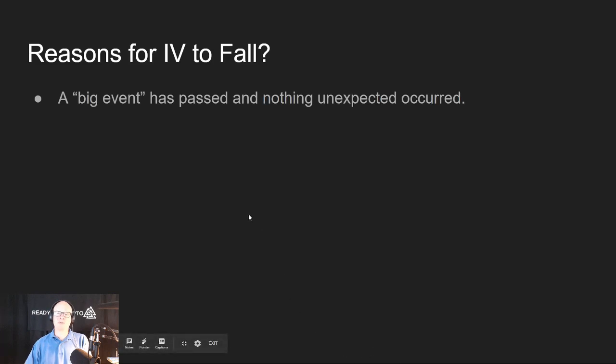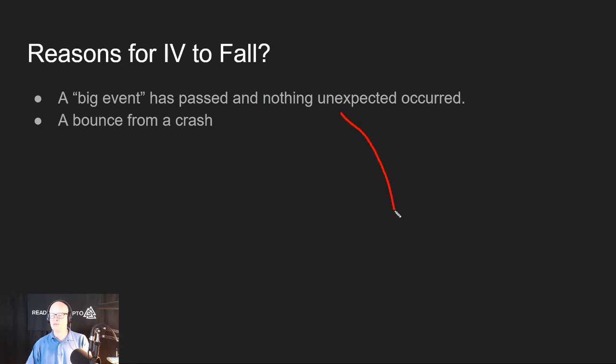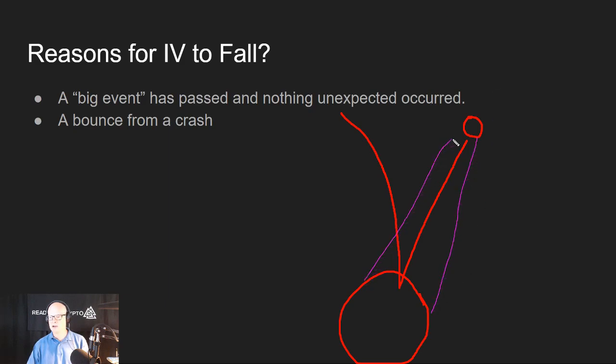So reasons for implied volatility to fall: a big event has passed, a bounce from a crash. So if you think about this, if the price crashes and then it bounces back up again, that balloon is great big here, and then it's a little tiny balloon right there. All that implied volatility has just bled out of that balloon.